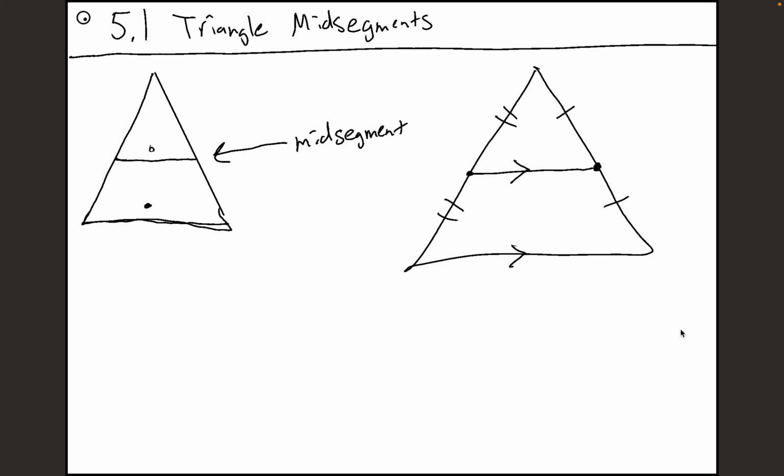Let's say I put some letters here. If I say AE has a value of 8, what would ED be? It would also be 8 because E is the midpoint. So B and E are midpoints, and that's anytime we have a midsegment.